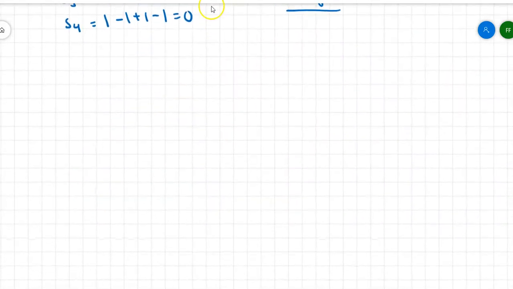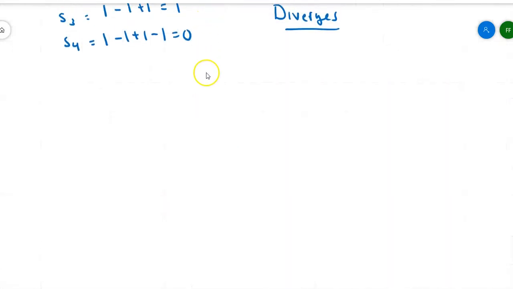All right. Let's take a look at a series again that looks like this. Let's look at the sum from n equals 0 to infinity of 1/2 to the n. Let's write out the first few terms of this series.